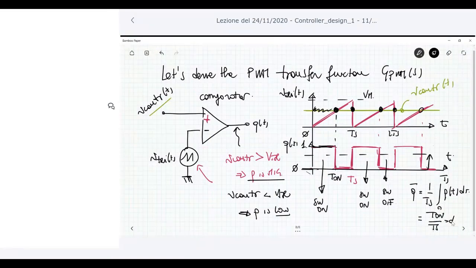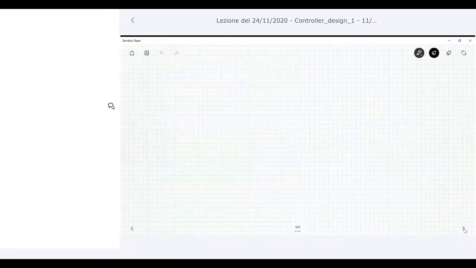So this is the duty cycle. The average value is exactly the duty cycle. Okay, so the pulse width modulator generates this unitary switching function, making the transistor on and off, and generating a duty cycle which is that needed for the output voltage to be constant.